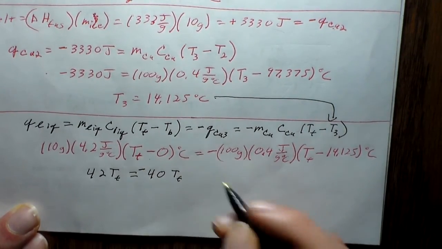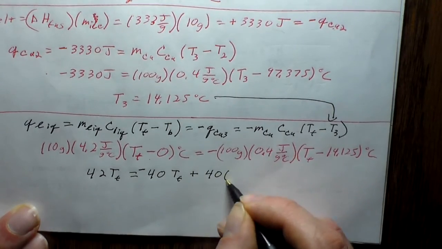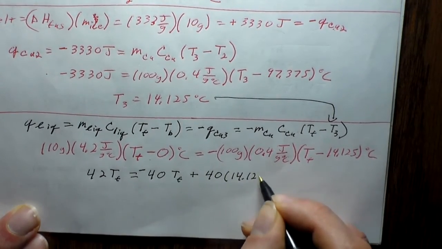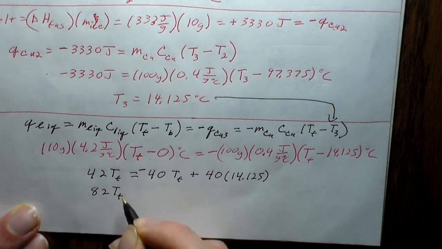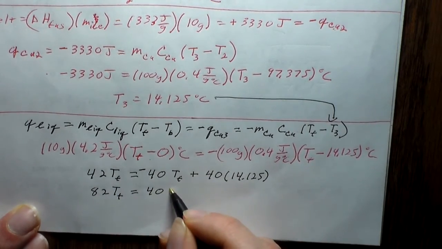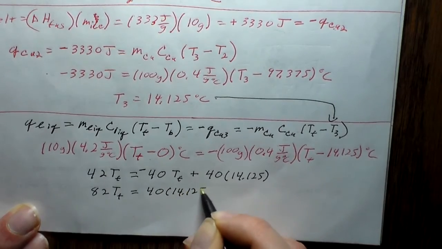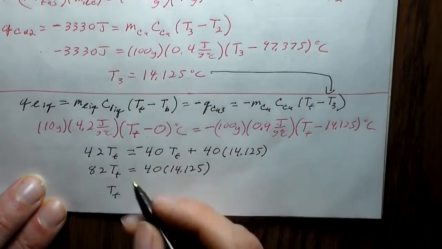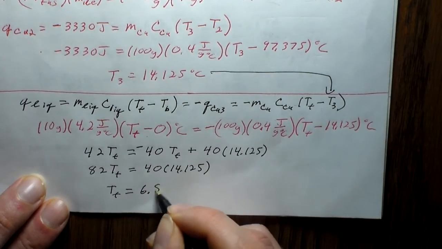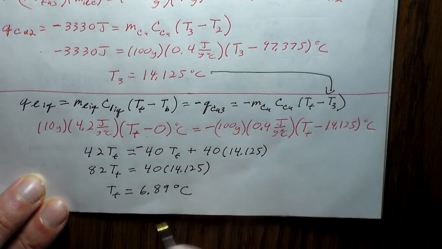That should be a negative 40 TF plus 40 times 14.125. So this is just going to be 82 TF is equal to 40 times 14.125. And once you work that out, your TF is going to be equal to 6.89 degrees Celsius.